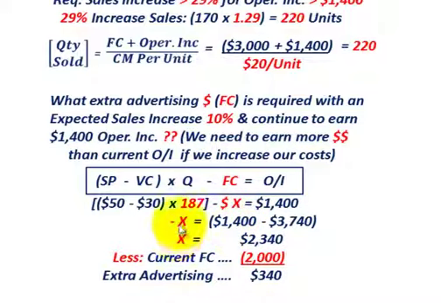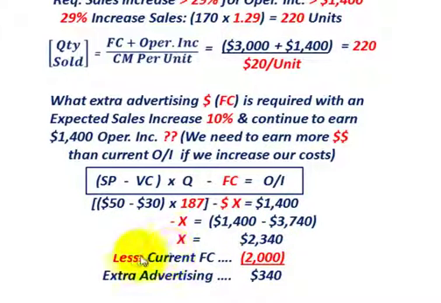Anyway, just divide everything by negative 1. You're going to come up with your total fixed cost to be $2,340, simply subtracting your $1,400 in operating income less your total contribution margin of $3,740. So here our total fixed cost is $2,340.